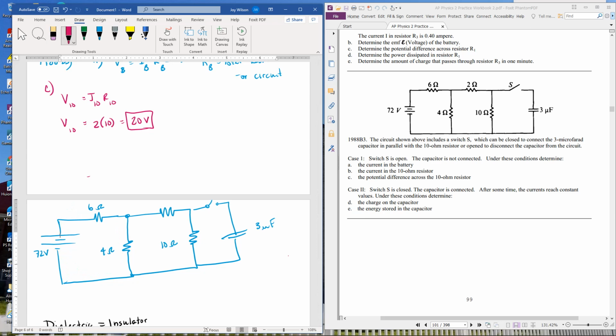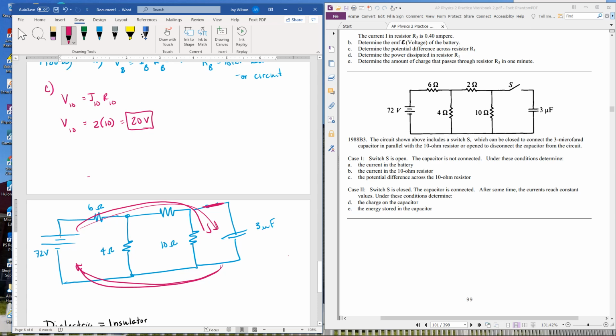Case 2 says this. We're going to close this thing. So now where does almost all the current go initially? We're all going to go down here, because that's going to act like a bare wire to start with. If I have a choice of no resistance and resistance, I always pick no resistance. So the capacitor shorts the first 2 paths at the first moment.